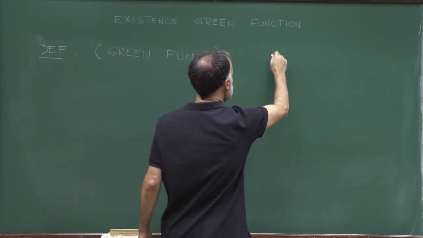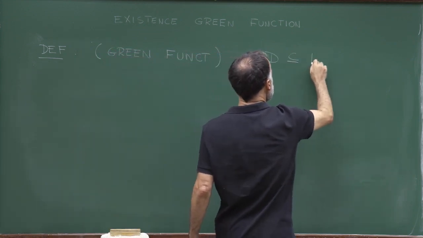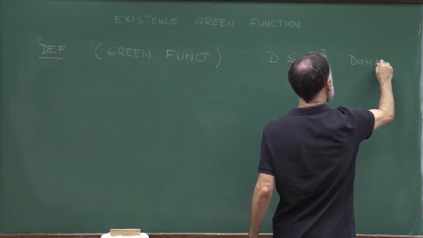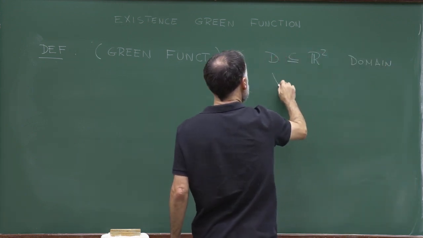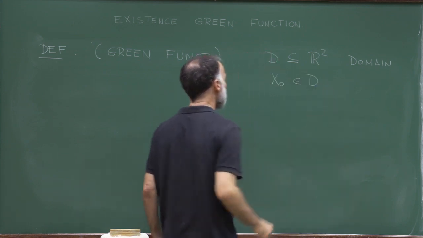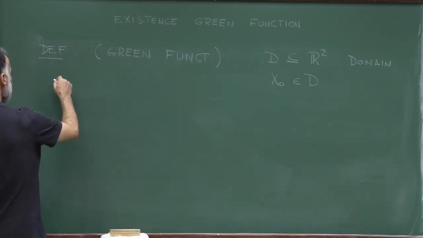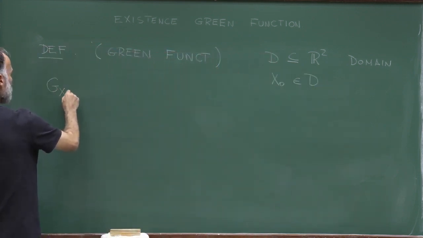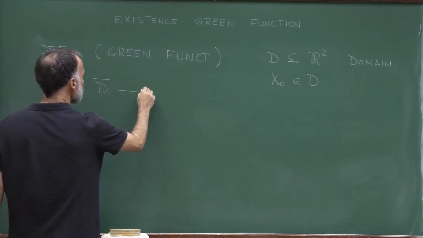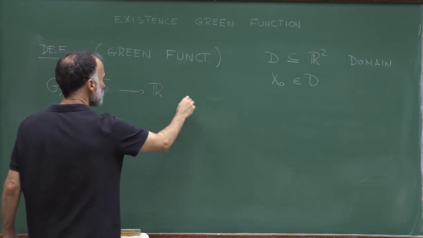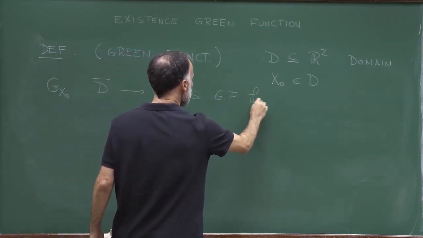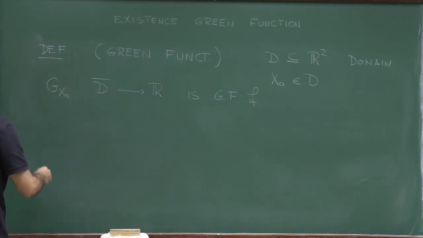So I'm fixing D, a domain in R2, and I'm fixing a point which I'm calling x0, x0 in D. I will say that a function g, which depends on this point x0, from the closure of D to R, is a green function if the following conditions are matched.